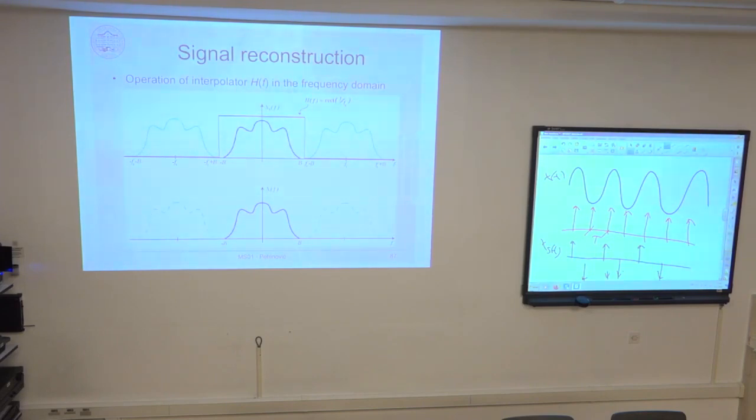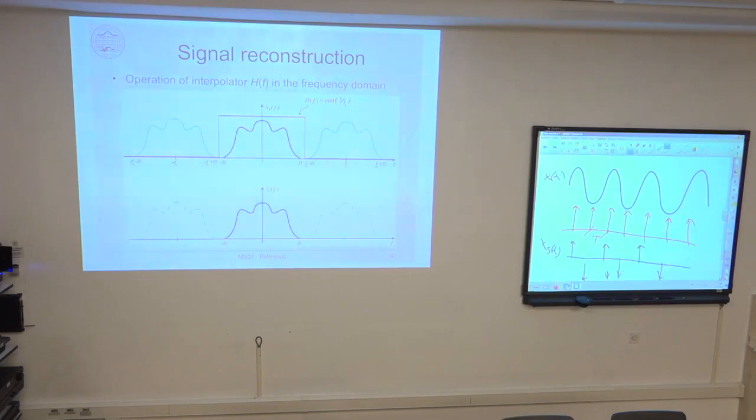So I have to filter out everything except this part of the spectrum, because this part is identically equal to the original spectrum of the continuous waveform x of t. And this filtering is performed by a filter that has an ideal rectangular magnitude response. Due to the fact that it has these vertical edges, we call this filter a brick wall filter, like a wall of bricks going vertically down.